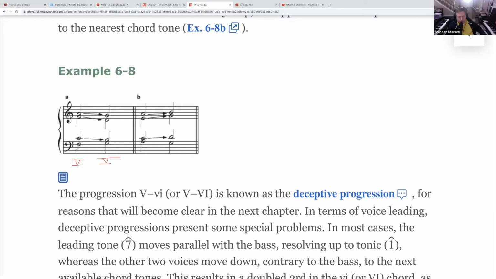We have the bass moving up by a second. So everything else is moving down to the nearest chord tone. And in the next example, we move down in the bass. So everything moves up. And this looks like a 6 chord going to a 5 chord. Are you with me? Questions on that?